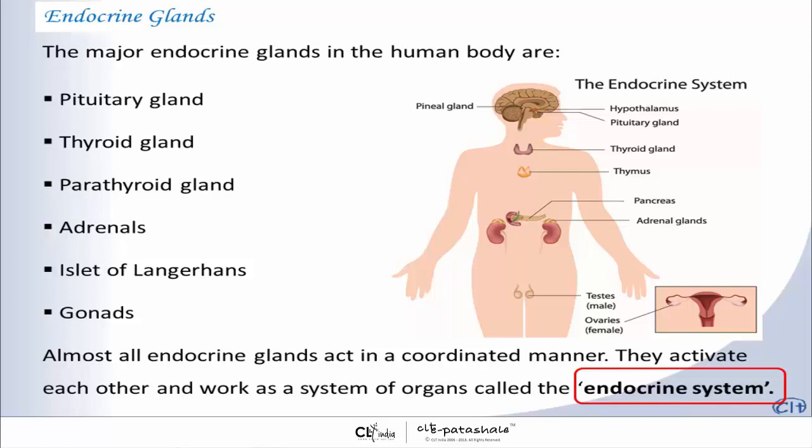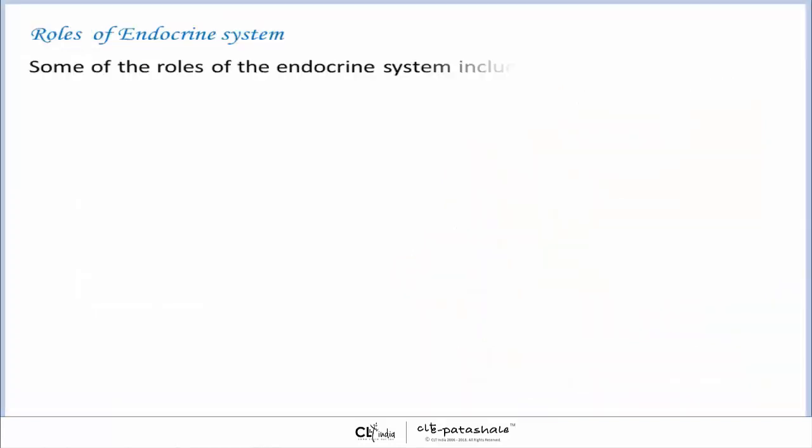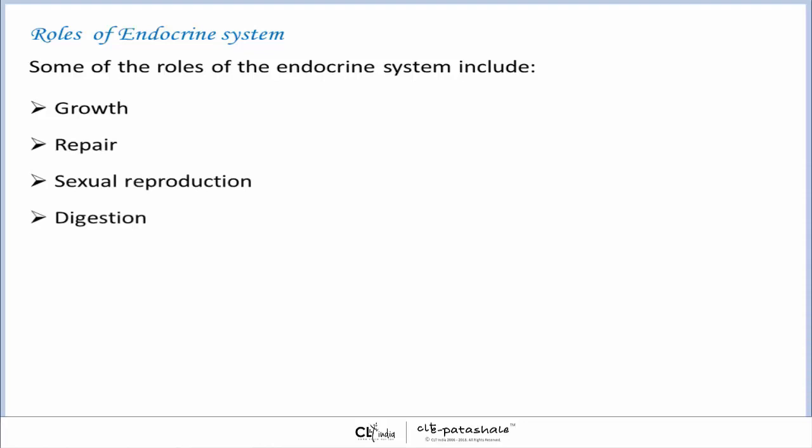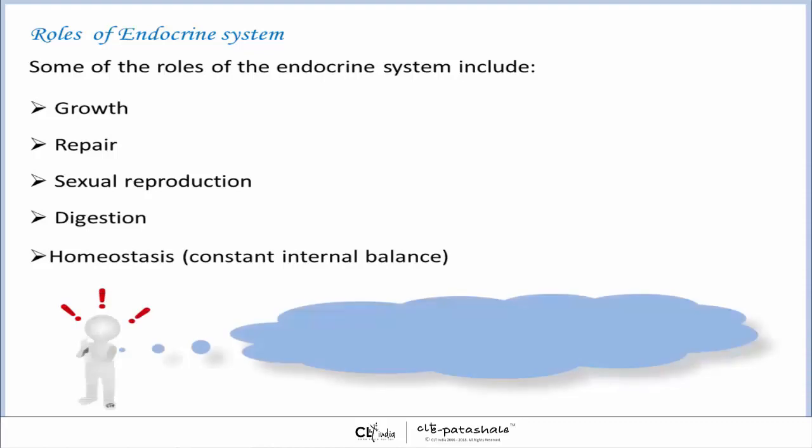They activate each other and work as a system of organs called the endocrine system. Roles of the endocrine system: some of the roles include growth, repair, sexual reproduction, digestion, and homeostasis, that is constant internal balance.